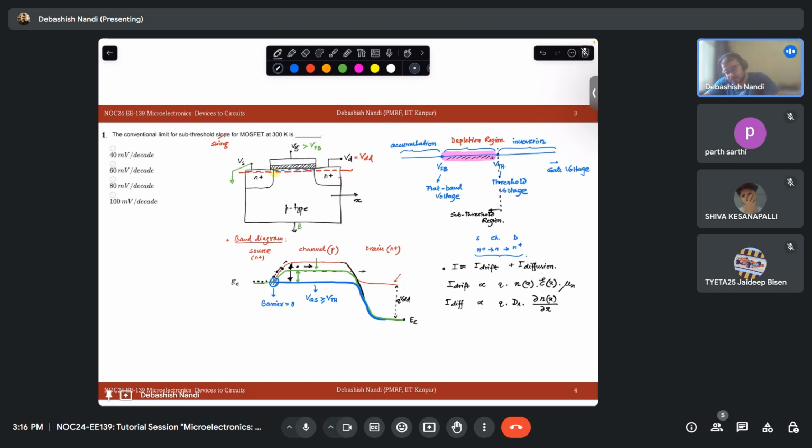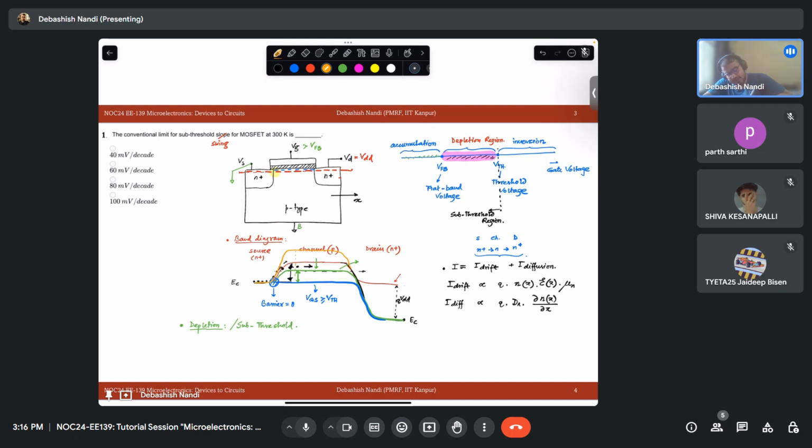Now think of this green case. That is the case of depletion, or in other words, subthreshold. In accumulation, we are not worried about current conduction because I have a huge barrier. In the accumulation case, when your VG is less than VFB, your barrier will be further increased, right?